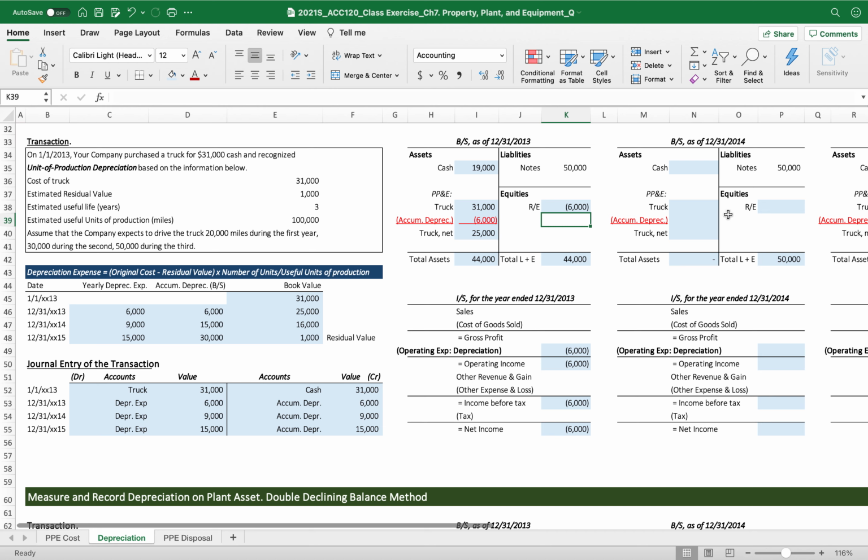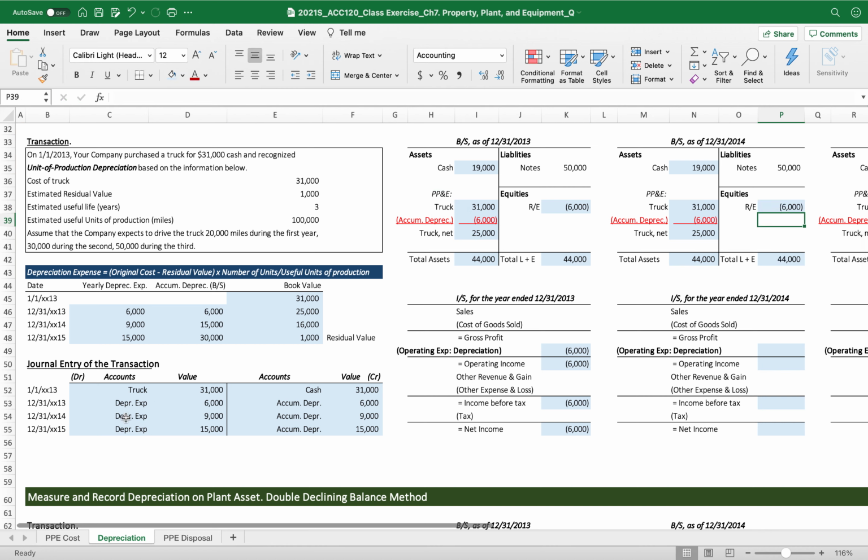Okay. Then for the second year, we always start the balance sheet from the ending balance of the last year as the beginning balance of that year, right? So we start from there. The retained earnings is also 6,000.